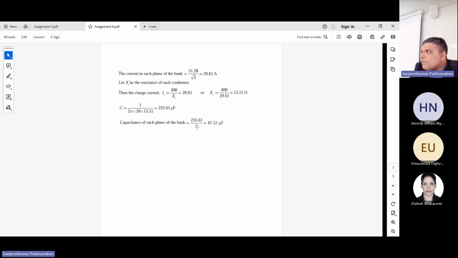Divide it by 5 because there are 5 banks. So divided by 5, you get 47.12 microfarad. This is the overall capacitance, but I want to calculate for the bank. There are 5 banks, so divide it by 5: 47.12 microfarad. You got the answer. That's it.